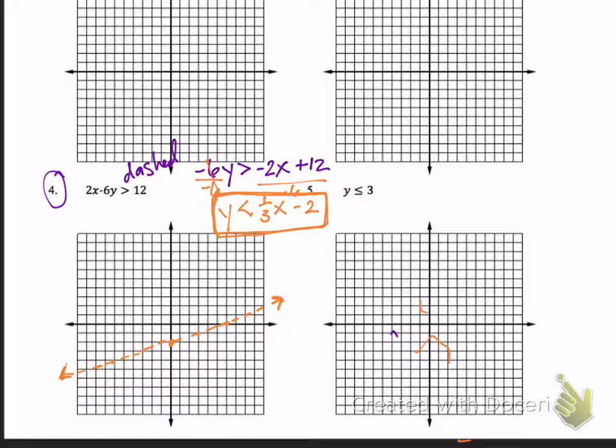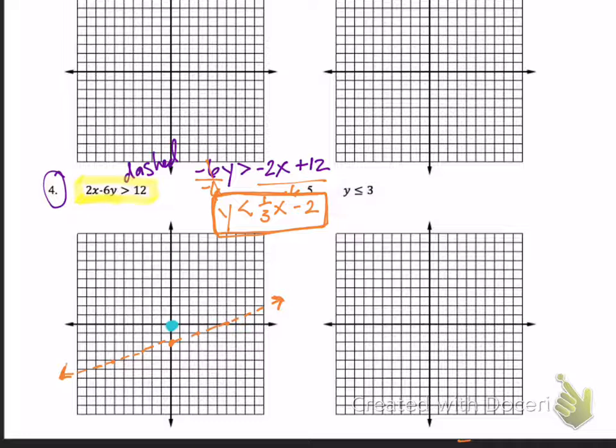But if you want to check yourself to make sure that you're shading below, since it's less than you would think you shade below, but to make sure, here's my point 0-0 right here. I'm going to test that point to see if it is a true statement or a false statement. You can either plug it into the original, like the one that started out like this.